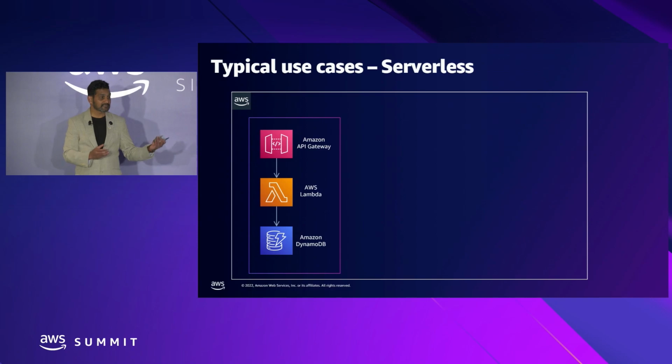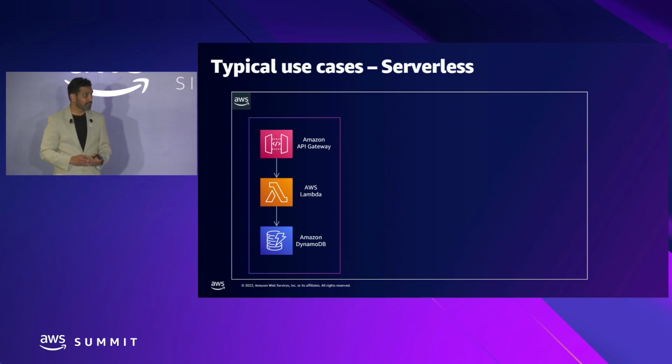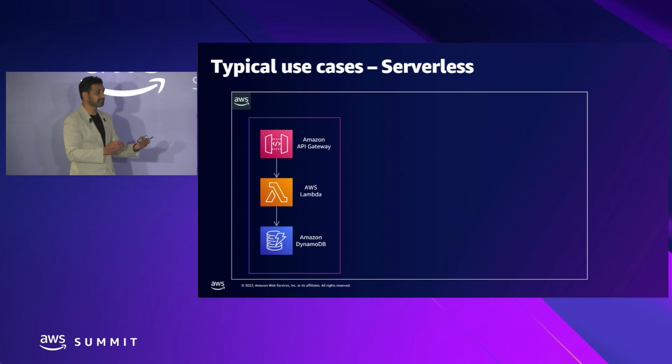This typical serverless stack is a CloudFormation stack. You know this: a standard API Gateway for serving both static and dynamic content, and then API Gateway forwards requests to Lambda. Lambda will be invoking other Lambda functions, or in this case, it is calling DynamoDB in the backend.